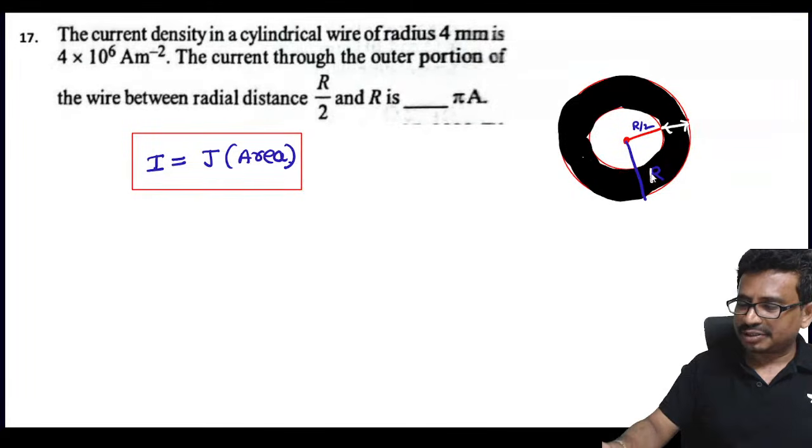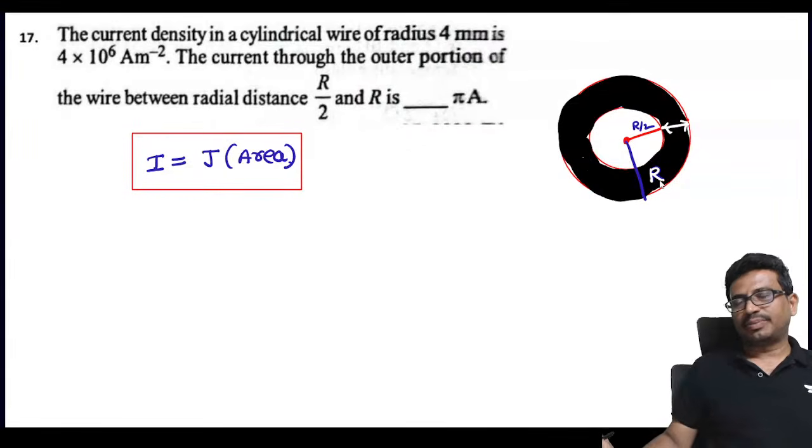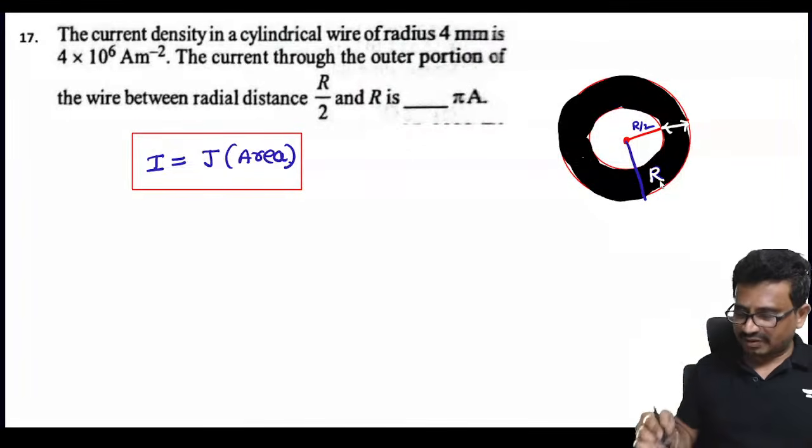The whole part is R, and the inner part is R by 2. So total minus R by 2, if I remove the remaining part, I will get the area.